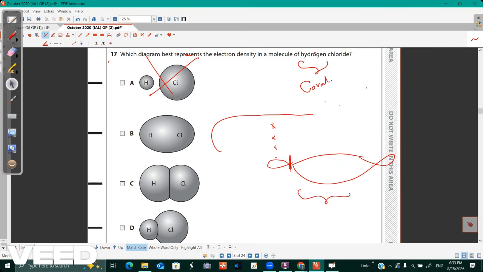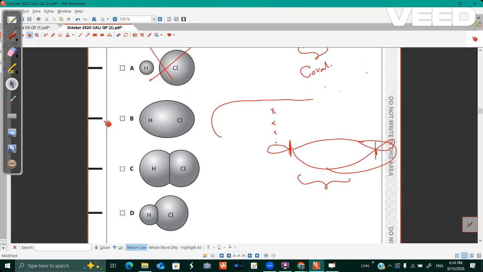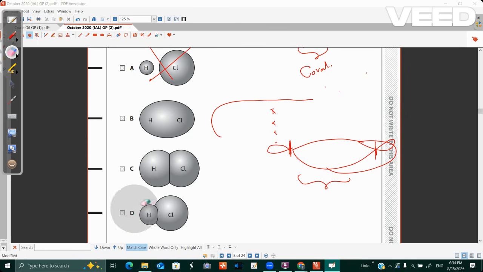Here you have two atoms, but remember hydrogen is spherical. So you can't expect a symmetrical electron distribution.